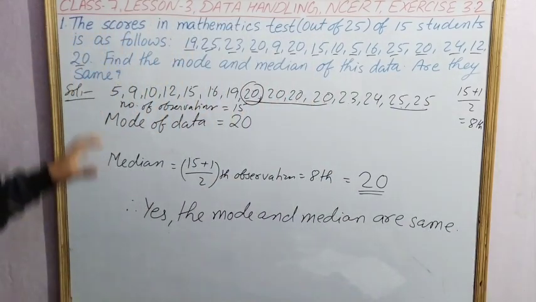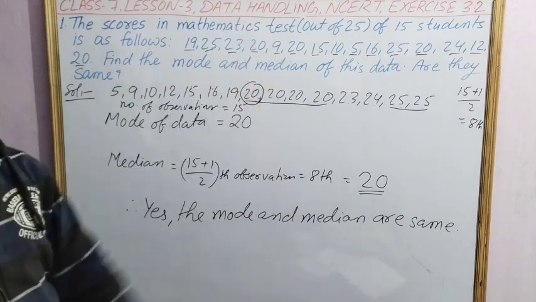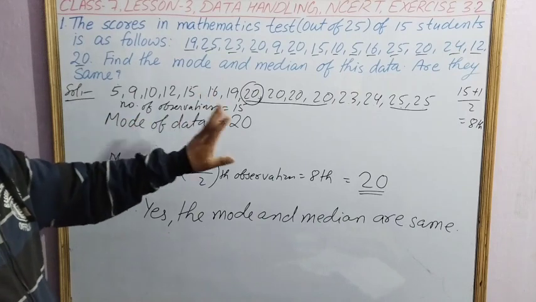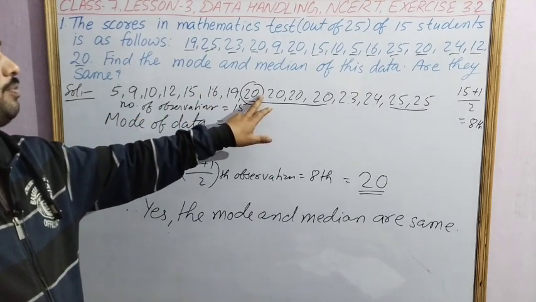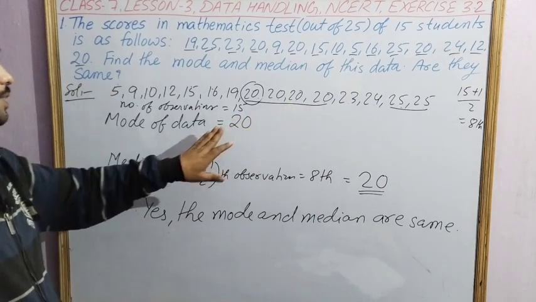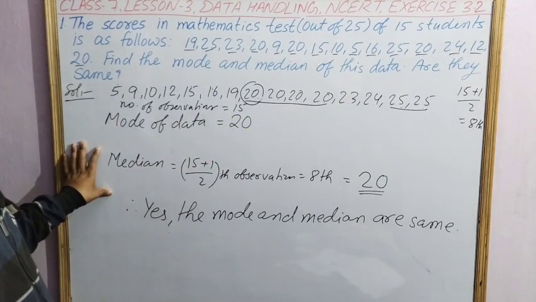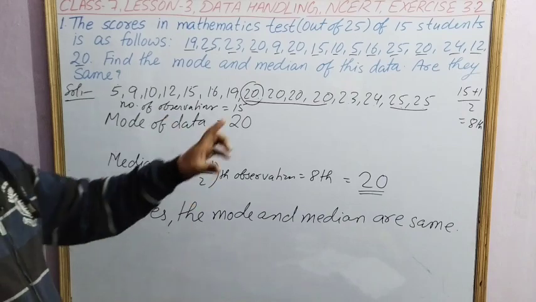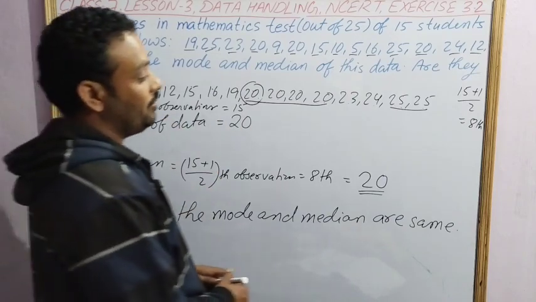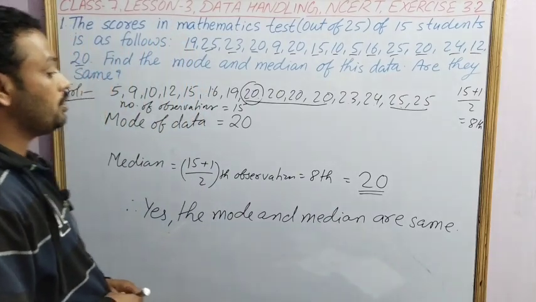First arrange the given data in ascending order, then find the mode. The maximum observation is known as the mode, so maximum is 20. To find the median, if it is odd, you add 1 and divide by 2. If it is even, we'll see another example.